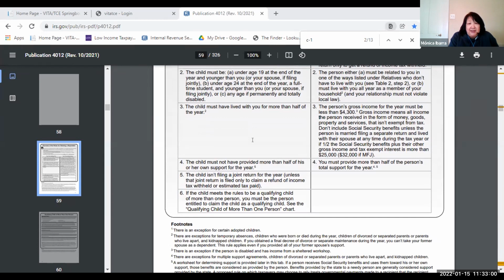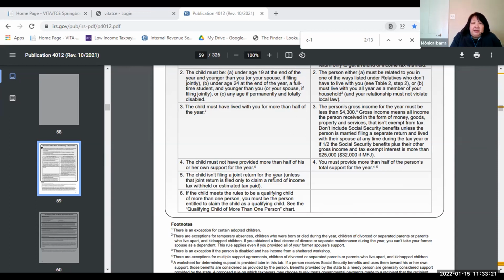She does not have any income herself, and so I provided all the support for her. She's also not married, so she's not filing a joint return. And so she does not meet the rules for the qualifying child of more than one person because she's lived with me the whole entire time.